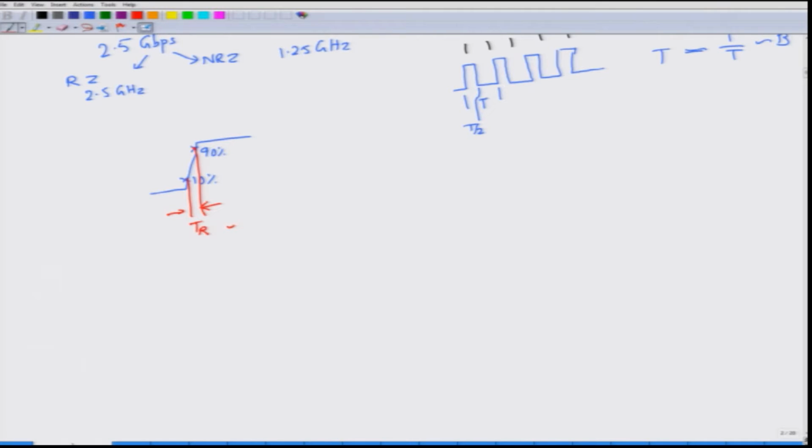For NRZ this is about 0.7 by B, and for the RZ case this is only about half the time, because RZ pulses have to rise up because they also have to fall down, right. In the half period they have to rise and then they have to fall, whereas for an NRZ case it has to rise and then it has to fall at a much later time compared to RZ.